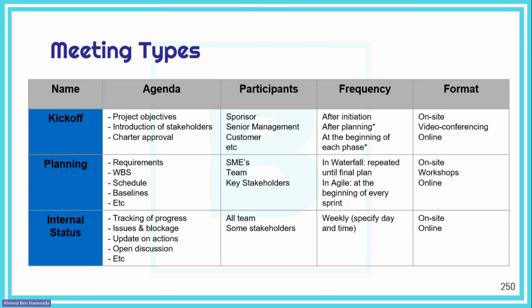Then, another type of meeting is a planning meeting. Of course, we talked earlier about the agile planning meeting, which happens at the beginning of each iteration.